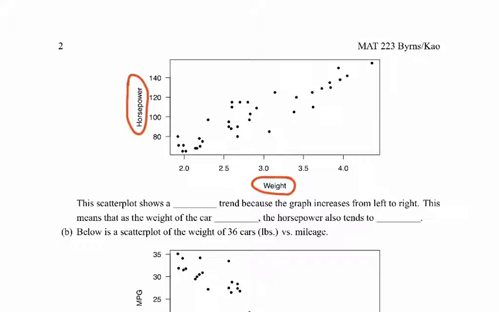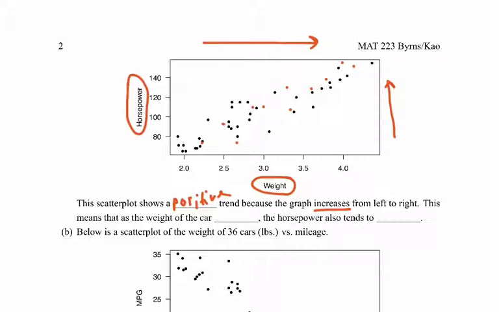As you consider the weight going up from left to right, what is the data doing? Hopefully you see that as the weight goes up, the horsepower values tend to go up. There might be some exceptions, but in general, the trend is upward. So we would say that this scatter plot shows a positive trend because the graph increases as we go from left to right.